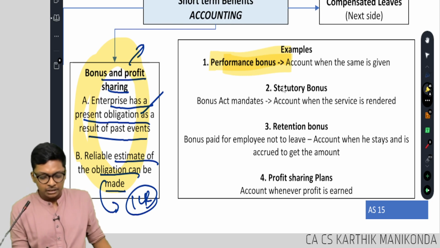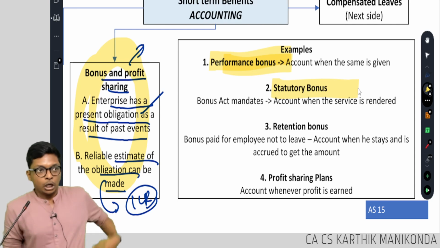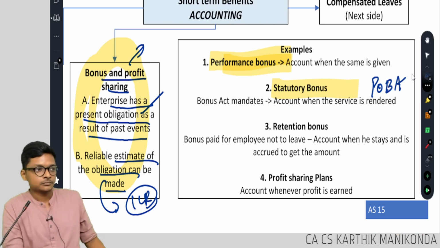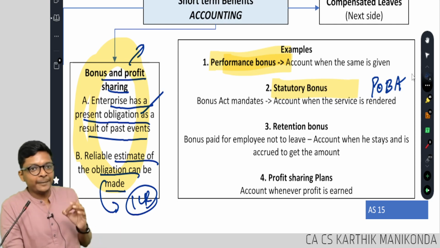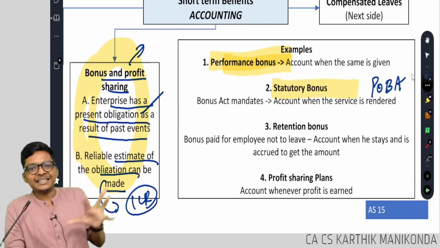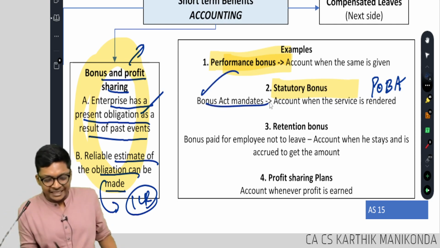Okay, next. What is statutory bonus? Law. We have an act called the Payment of Bonus Act, which says that for certain types of companies, bonus is mandatory. So then it becomes what the bonus act mandates.